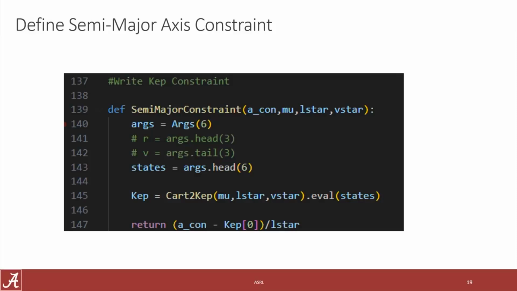We are then going to need the inputs that are constants that get passed to the cart to Kep instantiation: the mu value, the L star, our characteristic length, and our characteristic velocity. And then all we're doing is taking our states, instantiating the cart to Kep vector function, and just like you were able to ignore the dot compute. Yes. Yeah, good catch. Thanks.